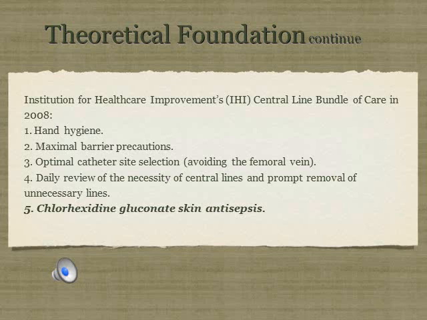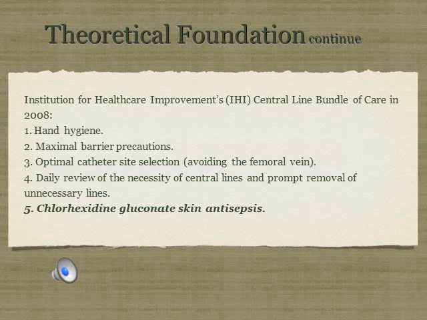Third is optimal catheter site selection, basically to avoid using the femoral site, because it's the groin area that actually harbors a lot of bacteria. So instead, we'll use the subclavian vein or the internal jugular vein.